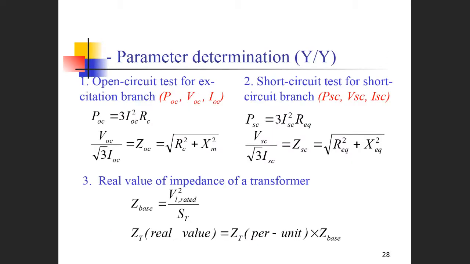Okay, now we're talking about the determination of the per star phase parameters based on open circuit and short circuit tests.